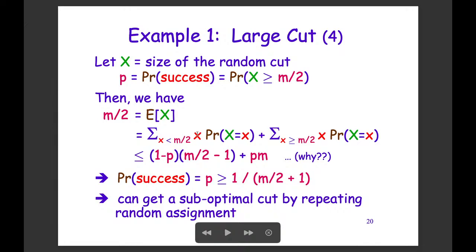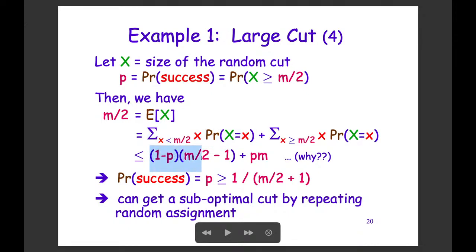In this case, the value of x is less than m over 2, so it means that the value of x is at most m over 2 minus 1. And the total probability we are talking about here is the case that we are failing, so it is 1 minus p.